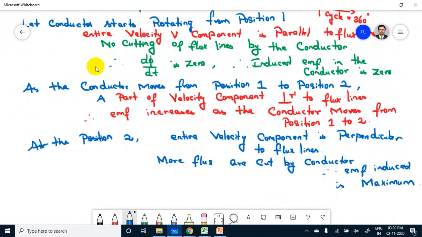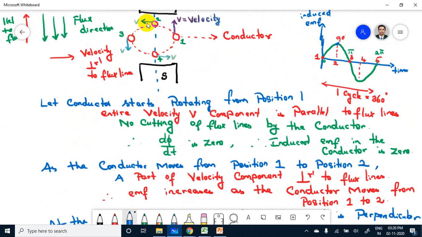Now, what is our diagram here? The conductor starts moving towards 2 to 3.